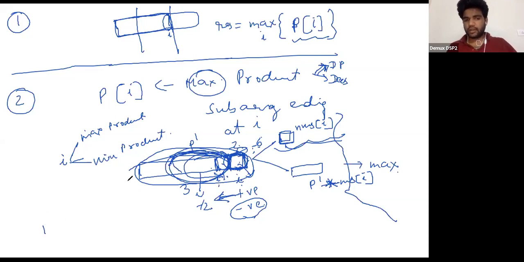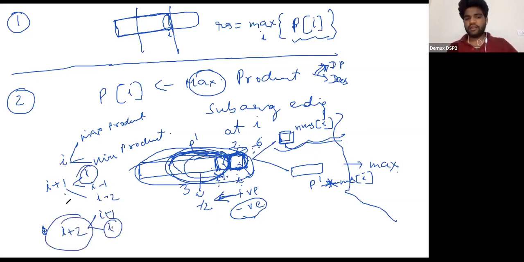Now, again, you can check for yourself that this has overlapping subproblems. How? When you are doing it for I plus 1, you will be needing I, you will be needing I minus 1, you would be needing I minus 2. For doing I plus 2, you would be needing I plus 1, you would be needing I again. So you have overlapping subproblems.